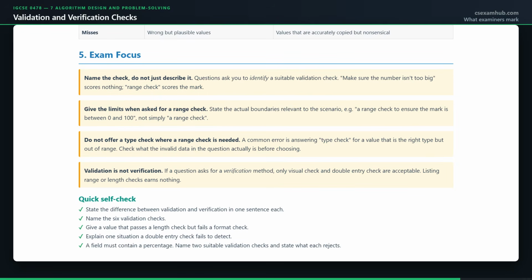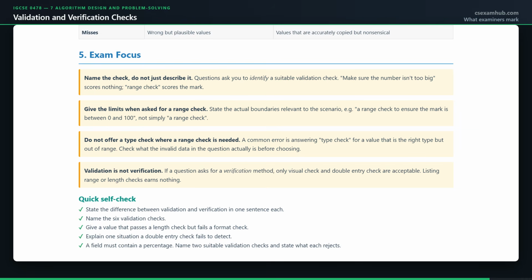4 things to take into the exam. First, define the two by the question each asks. Validation is it sensible? Verification is it what was intended? And if you have room, give the example of a valid but incorrect date of birth, because it proves the distinction rather than asserting it. Second, name the specific validation check rather than saying the program validates the input.